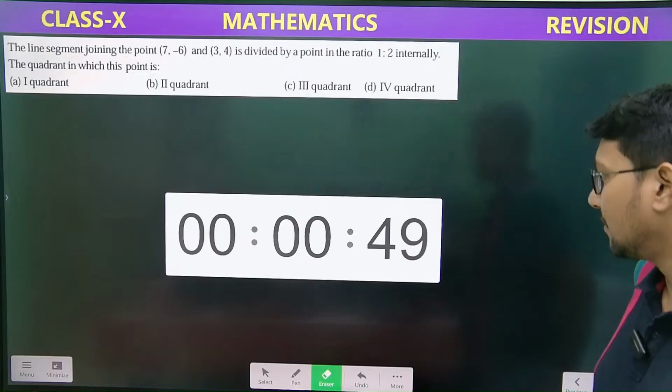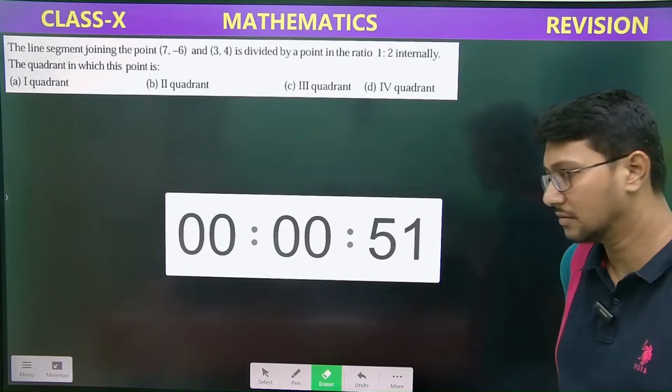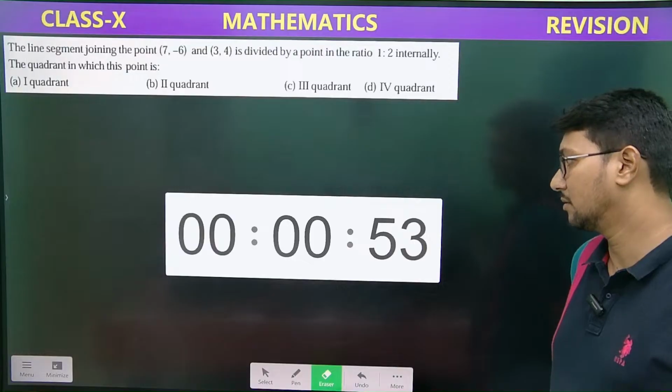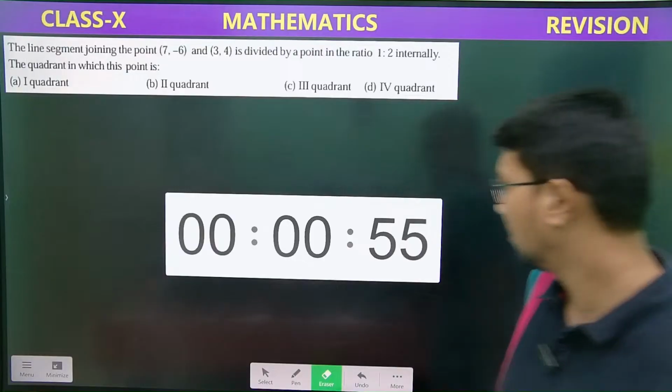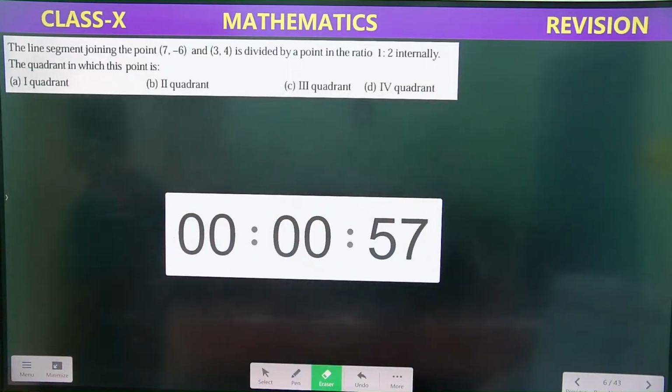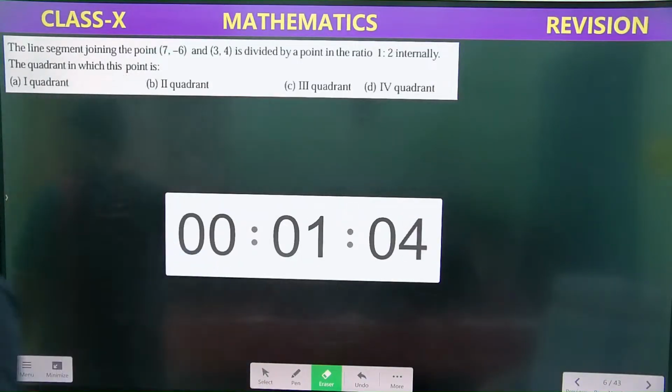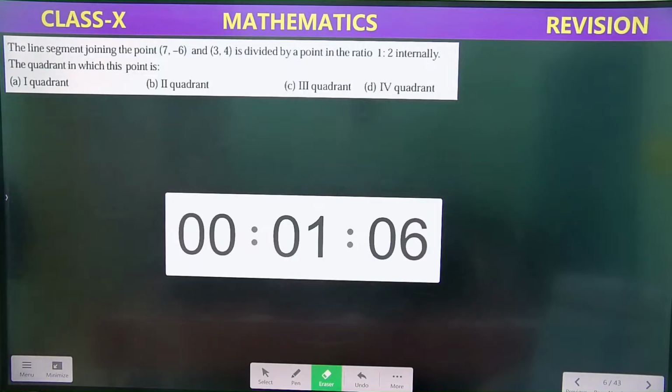You are not over. Let us give one more minute. Last 1 minute. First quadrant. Okay, I have got one answer: first quadrant. Any answer below? What is the coordinate?